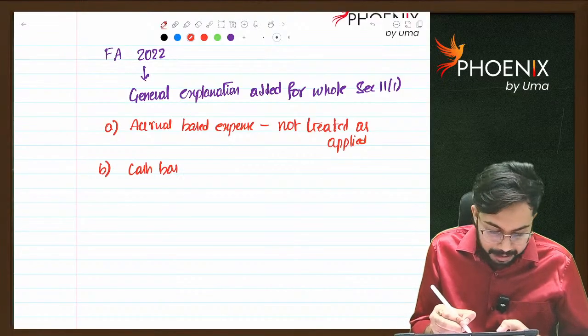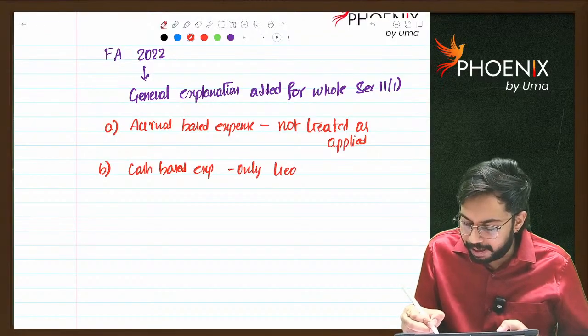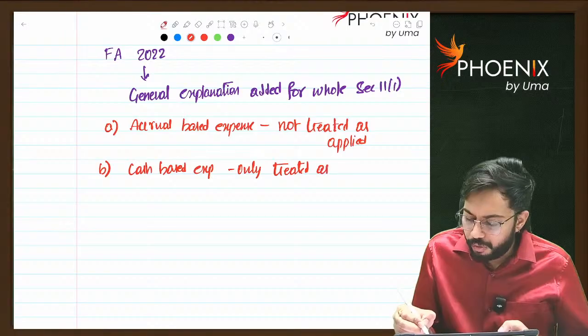Cash based expense only is treated as applied. What do you mean by this?